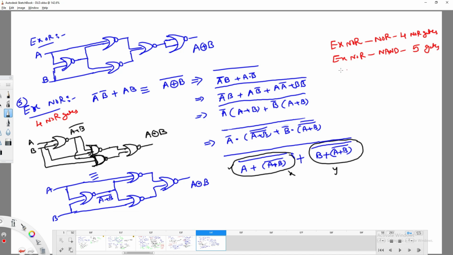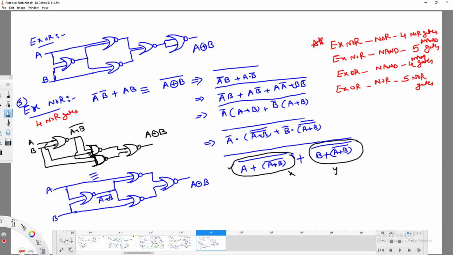You have to remember, this is important. If you would like to implement an XOR gate with NAND, 4 NAND gates are required. If you would like to implement the same XOR with NOR, 5 NOR gates are required. I hope you understood clearly, right?